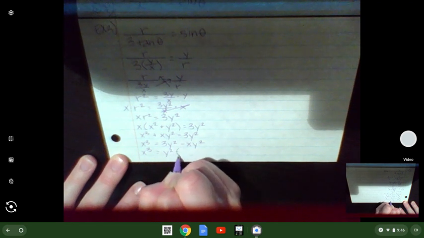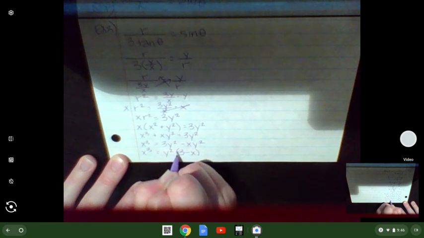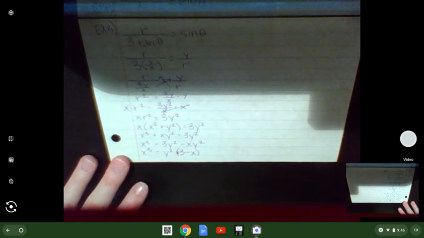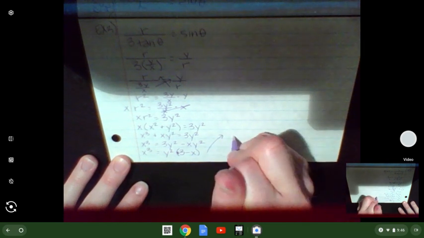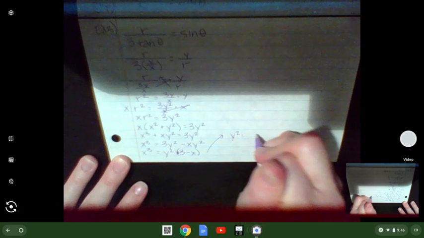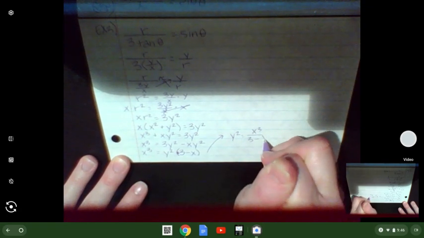That gives us a parenthesis 3 minus x. And I would divide both sides by 3 minus x, which gives us y squared is equal to x cubed over 3 minus x.